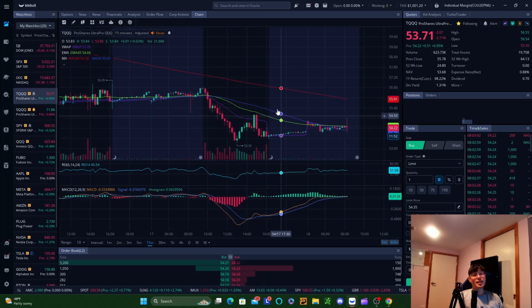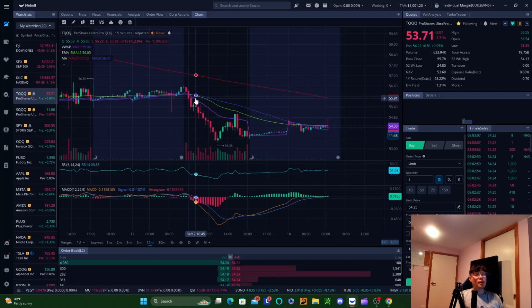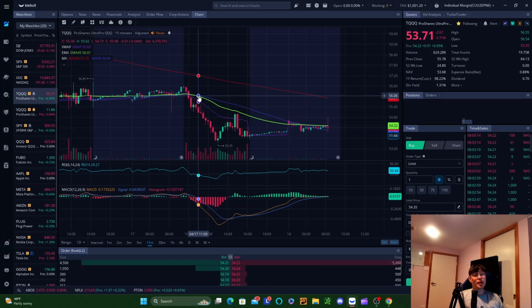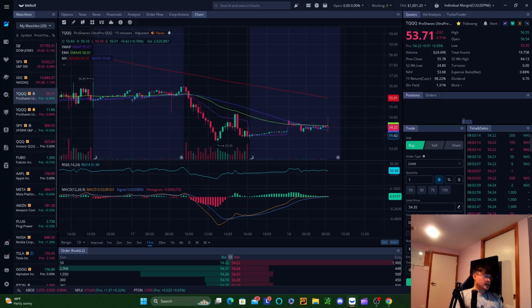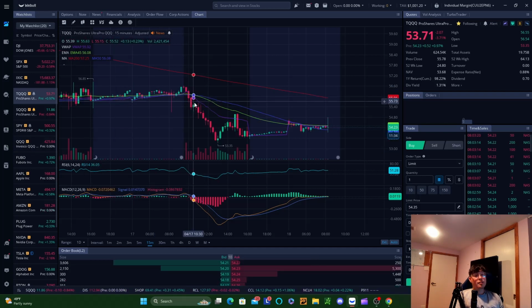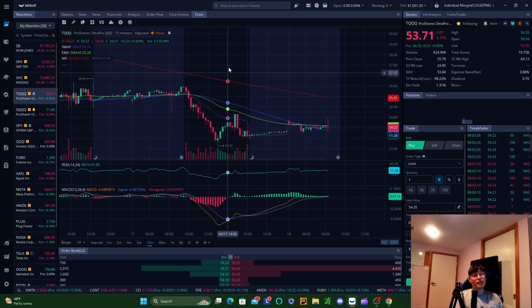Now we have yesterday's date. Once again, we have the VWAP, which is like a single day. And then we have the EMA as well. These three have a bigger volume and a bigger average.